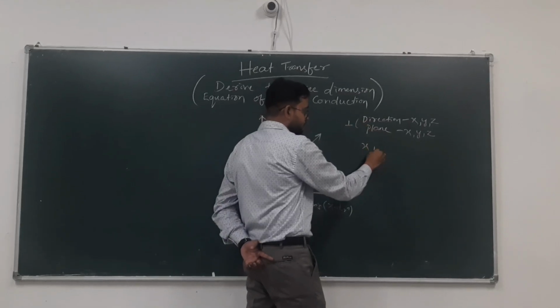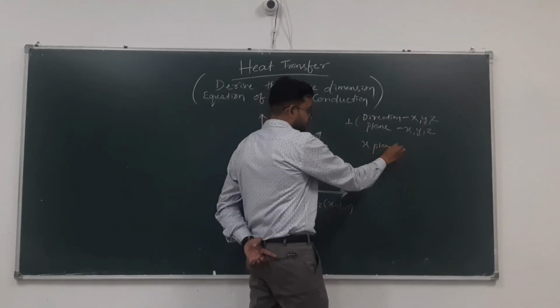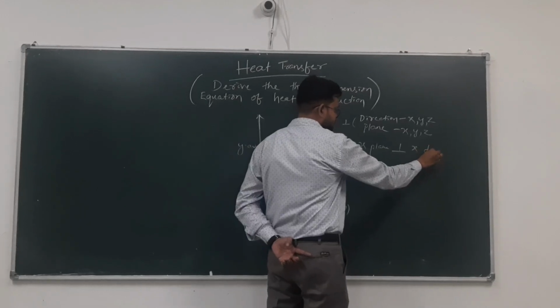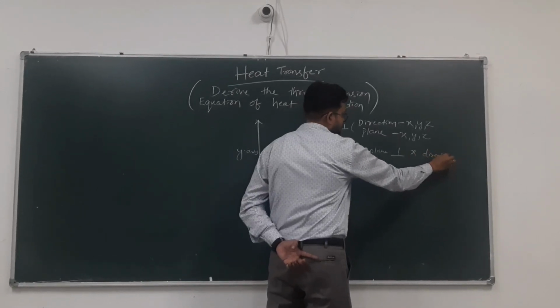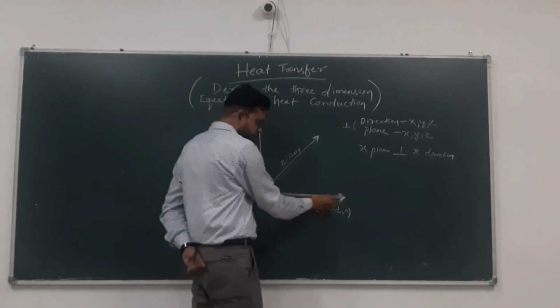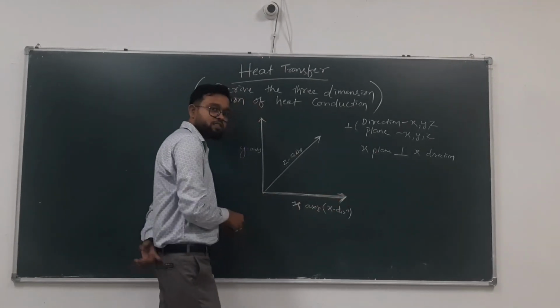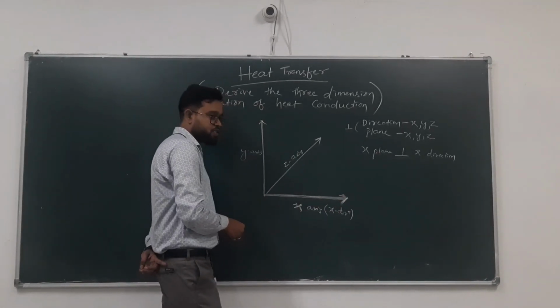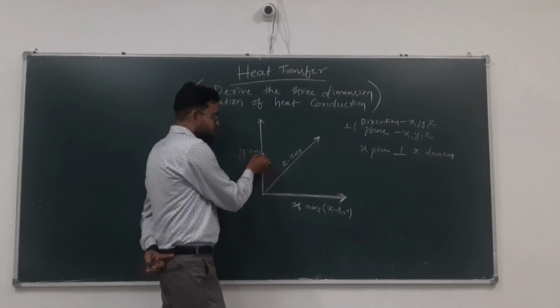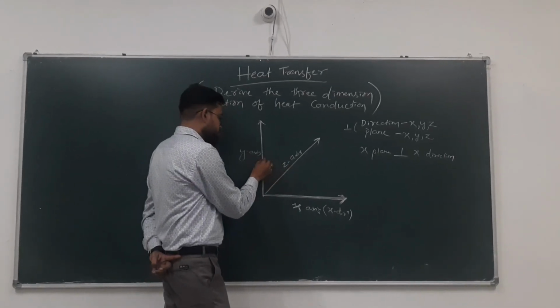X plane is perpendicular to x direction. How? This is the x direction or x axis. The x plane is in between y and z.